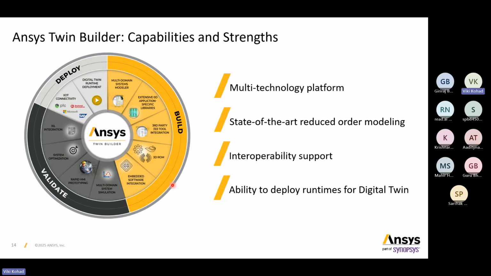The first is the multi-technology platform, which supports coupled or co-simulations and physics-based simulation models. It has different libraries, as you can see here, for multi-domain system models, like Modelica libraries, C++, and VHDL-AMS. These are the multi-technology libraries.